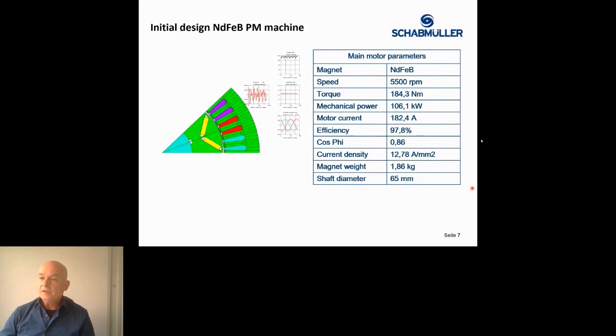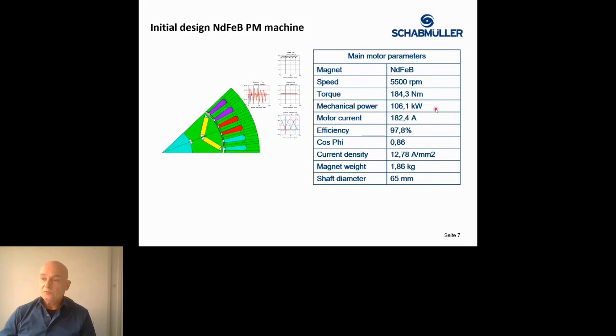So we compare here a machine. It's an 8-pole machine. We just show a section of the machine, one pole, one may say. And we always try to keep some elements constant, like the speed and the torque. Of course, that's what we want to see.